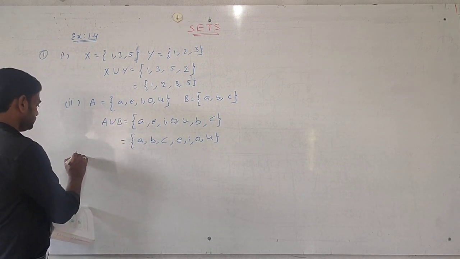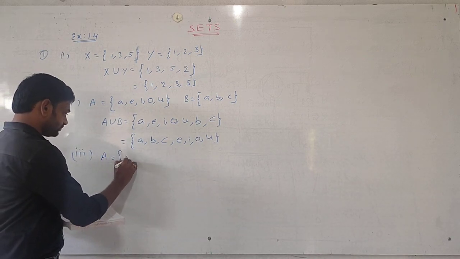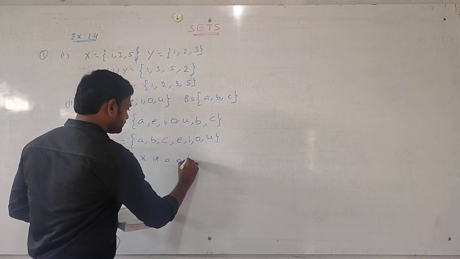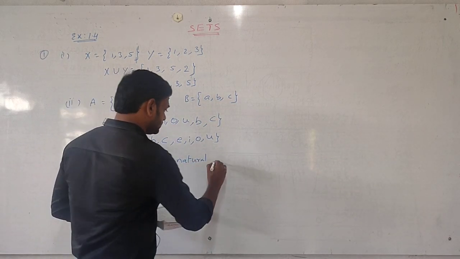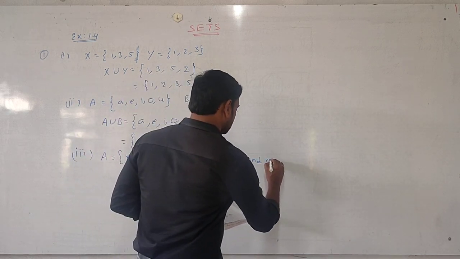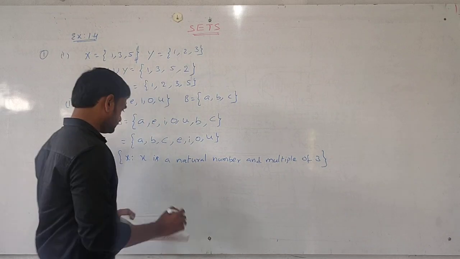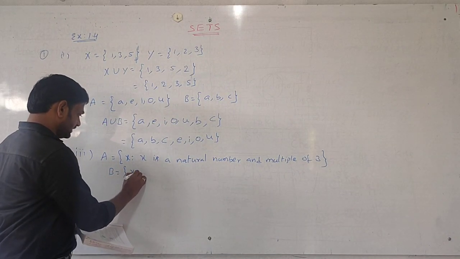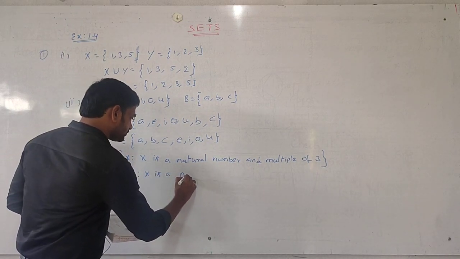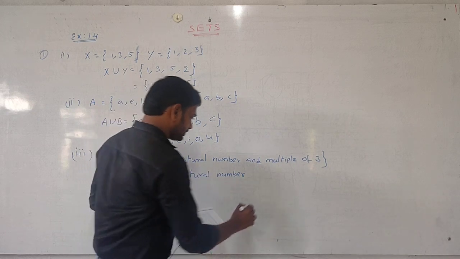Next, third one. Capital A equal to {x such that x is a natural number and a multiple of 3}, B equal to {x such that x is a natural number less than 6}.